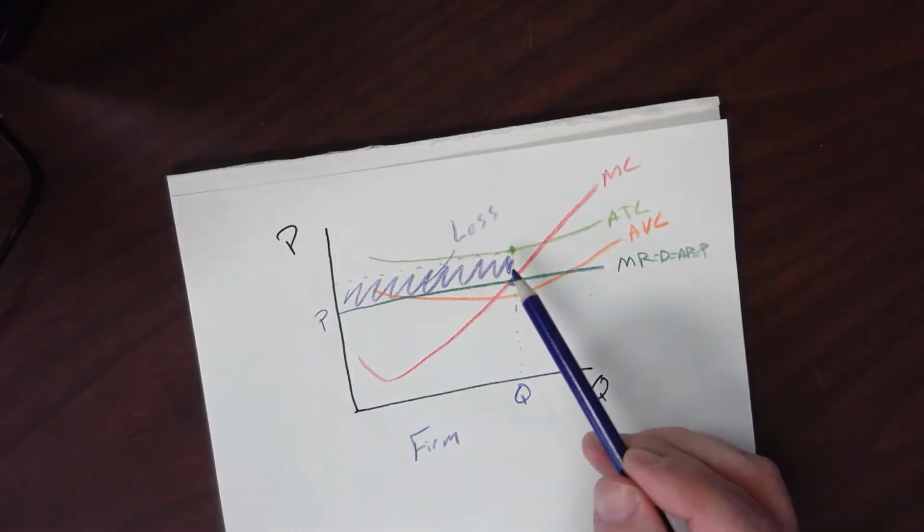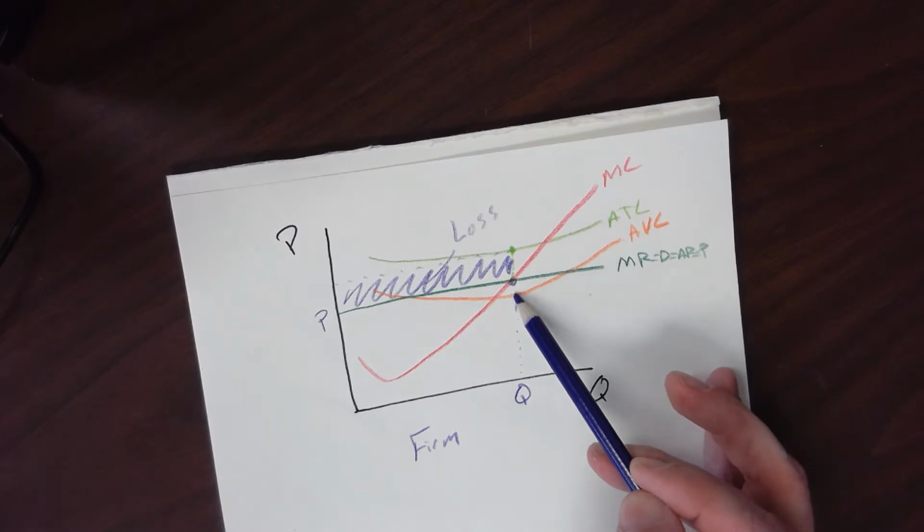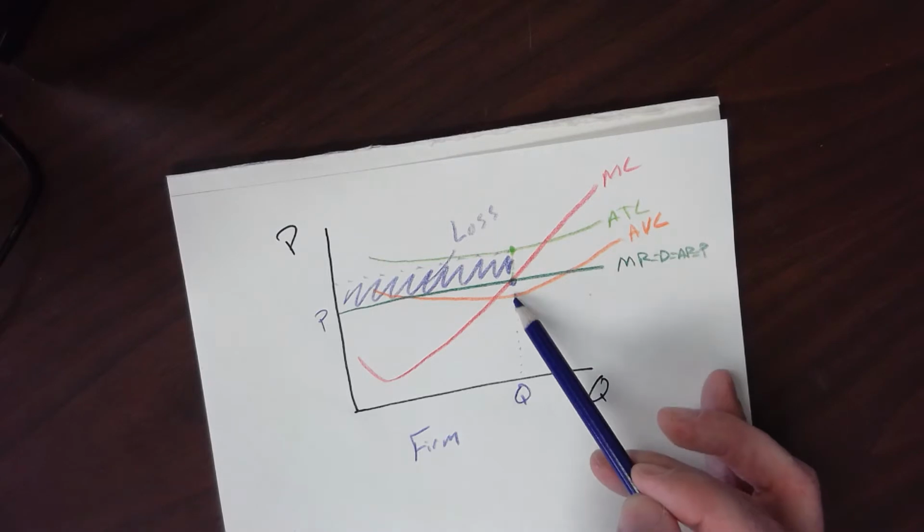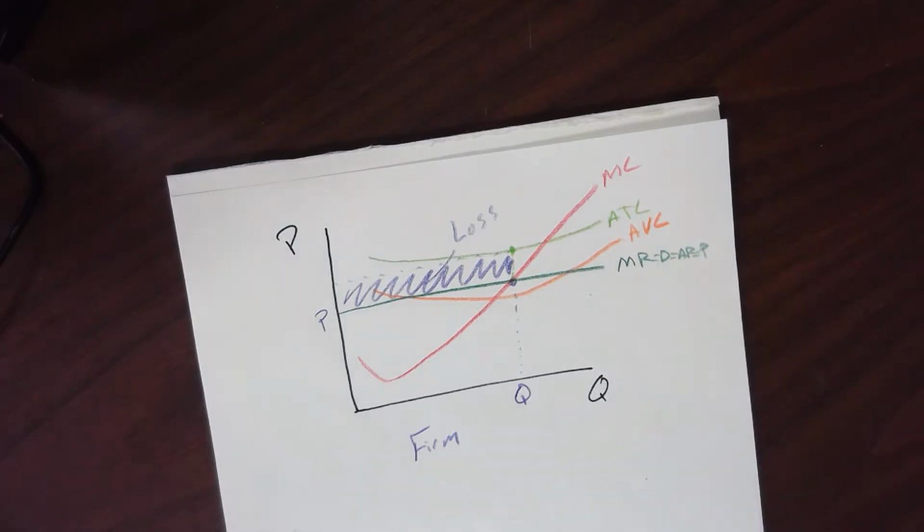Now notice, average variable cost is below MR equals MC. This means you would still function in the market. It's very important. This means that you would not shut down. You would stay open for business.